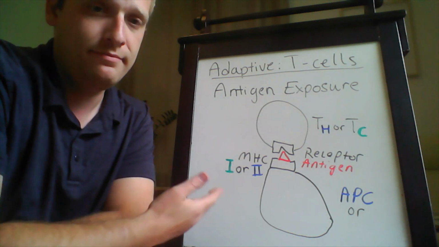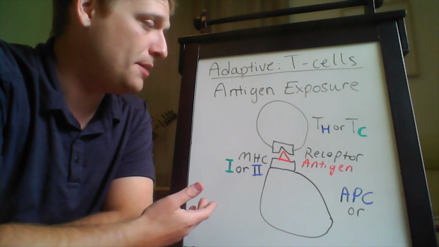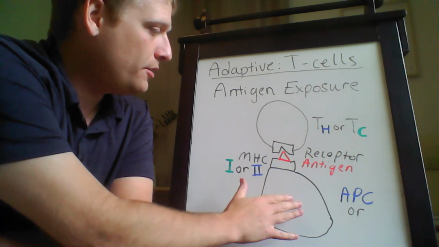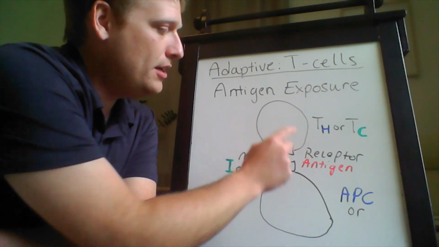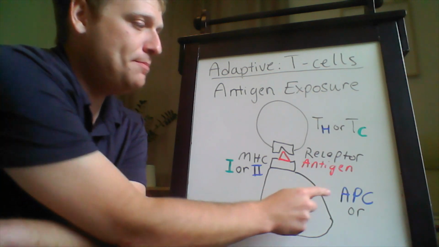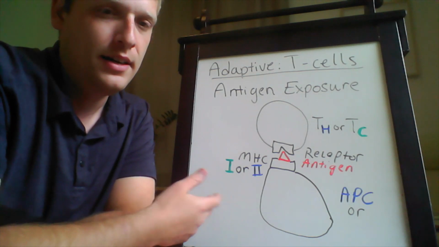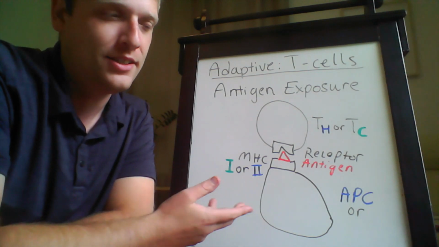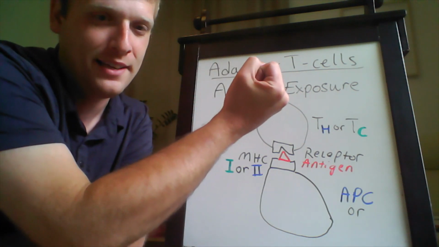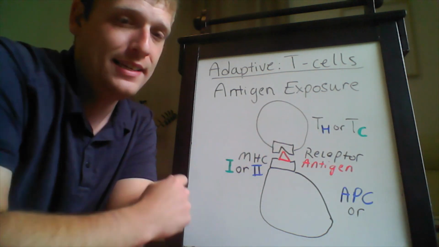And like all parts of the adaptive immune system, again, this activation of T cells is going to be based on the presence of an antigen. So here we have a T cell and a cell that has an antigen present. Now, this can be an antigen presenting cell, so like a dendritic cell is a phagocyte that's going to destroy a pathogen and then hold out a piece of it, the antigen, and present it to other cells like these T cells.